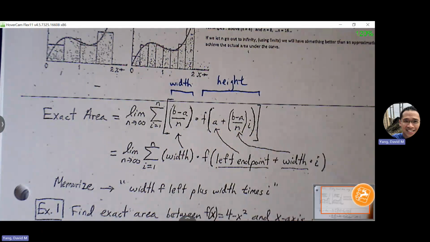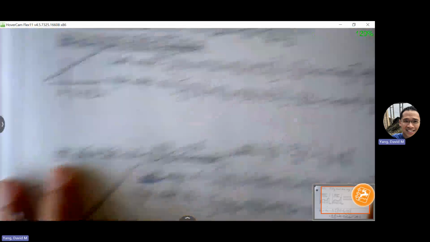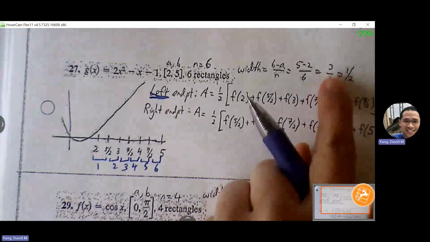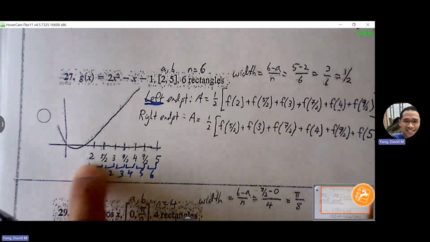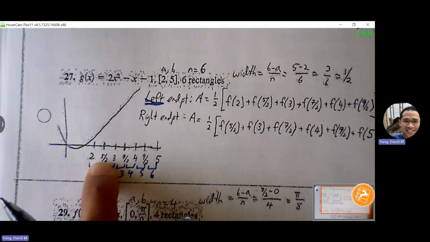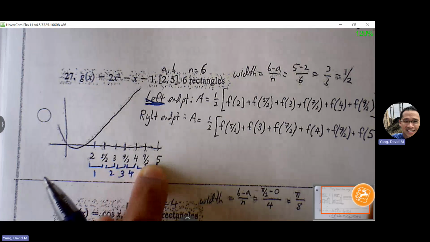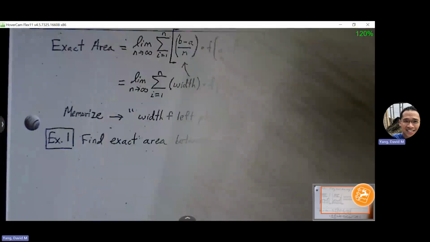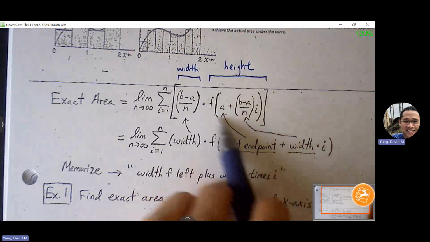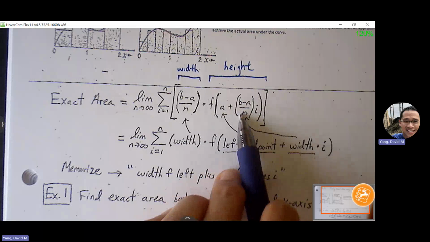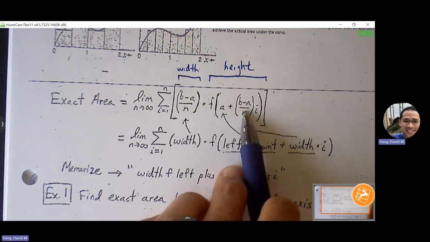Now we talked about previously how we did all this by hand, right? We found the width, and then we manually added the width ourselves, right? 2 plus 1/2 will give us 5 halves. 5 halves plus 1/2 is 3, gives us 3 plus 1/2, right? So now this is kind of like an engine that is doing all that work for us. It is finding the next interval. It's starting at the left endpoint, adding the width, and it's going to keep adding the width until it gets the next term.